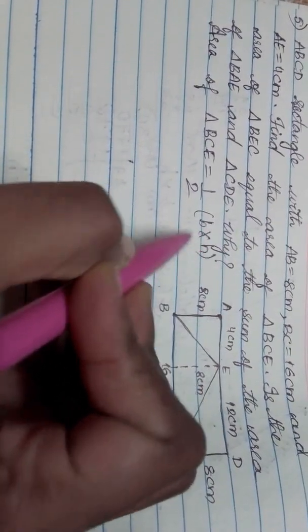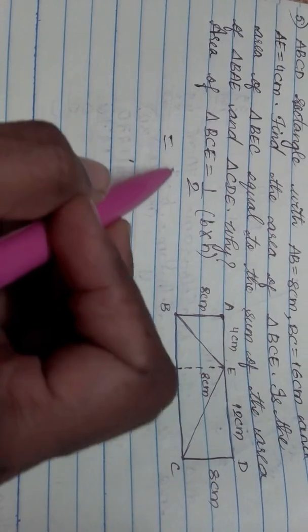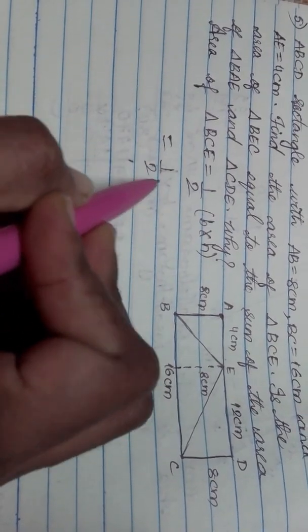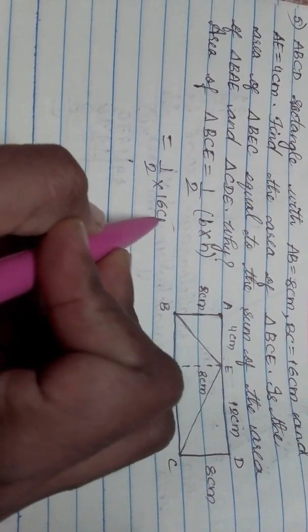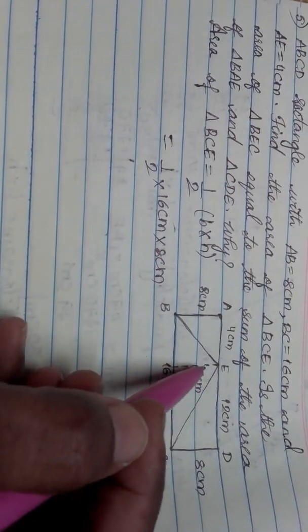Here the base is 16 centimeters and the height is 8 centimeters. If you draw a perpendicular line, the breadth is going to be the same, so it is 8 centimeters.